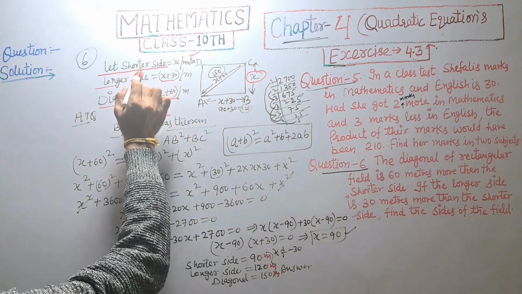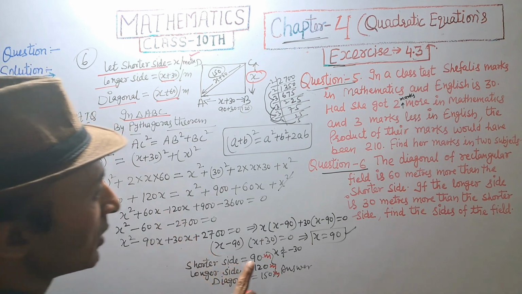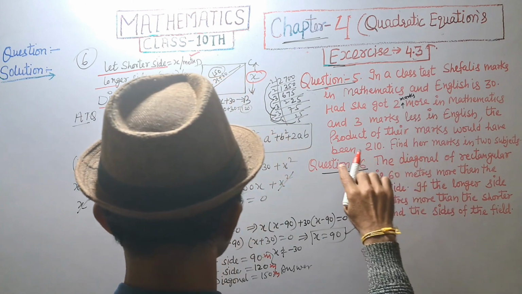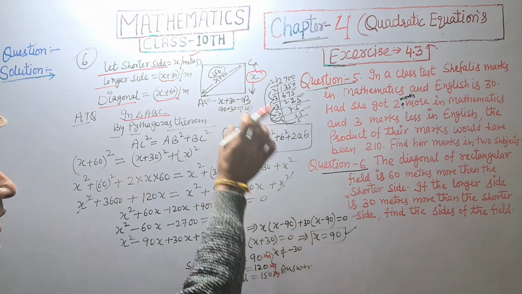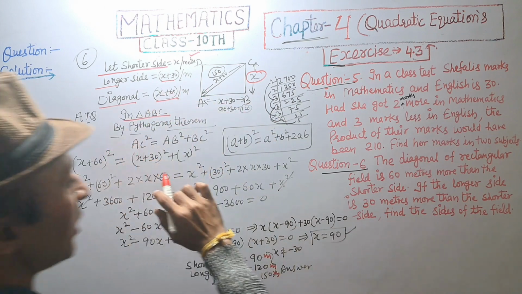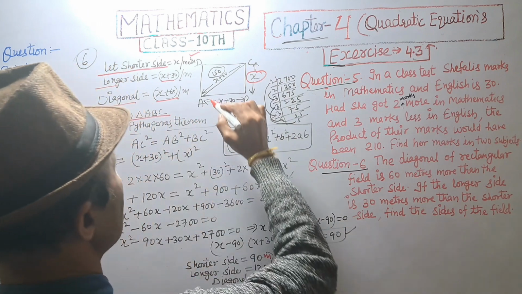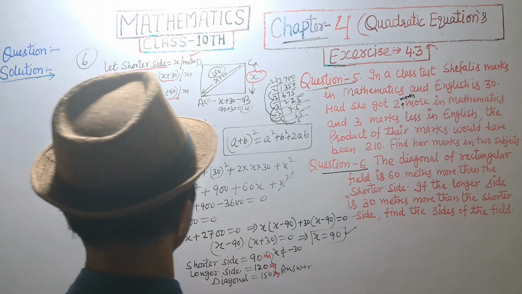According to the question, the longer side is 30 meter more than the shorter side, so AB will be x plus 30, and the diagonal of the rectangular field is 60 more than its shorter side. Diagonal is equal to x plus 60.